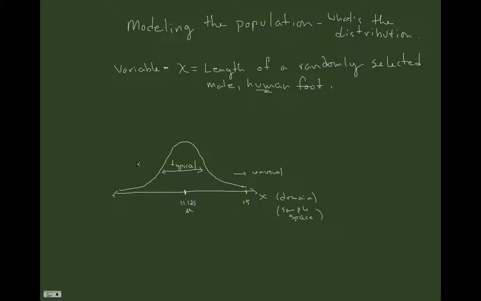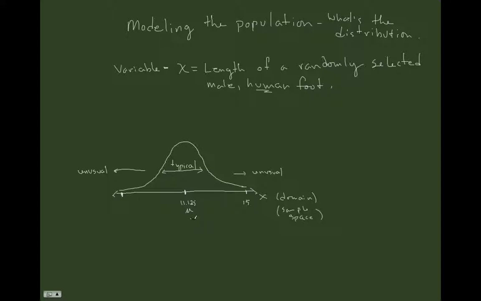Now, because of the symmetry of the model I've chosen to use, and based on the assumption I'm making, there would also be the same kind of unusual pattern as we go to the left. And so the other natural question would be, what's a really super small male human foot?